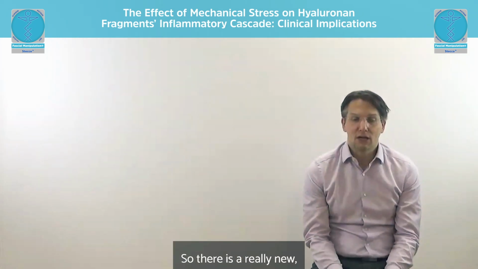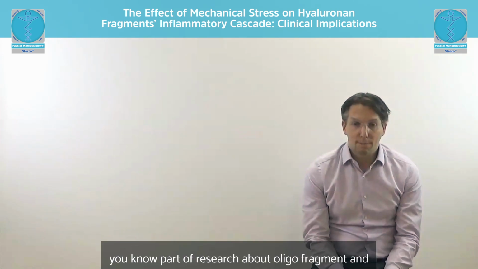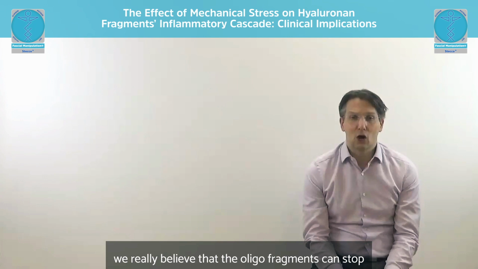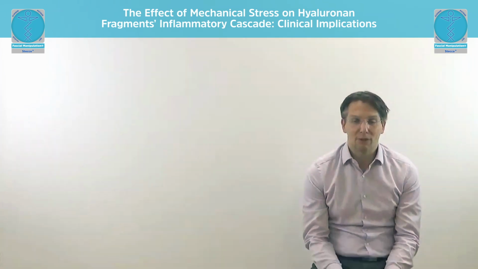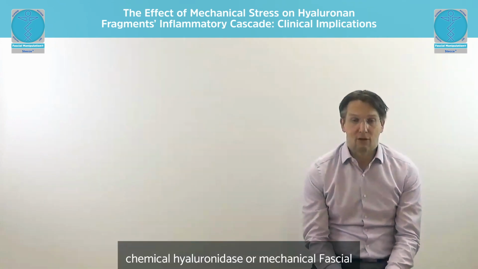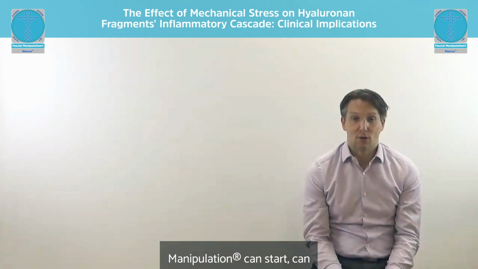So there is a really new path of research about oligofragments, and we really believe that they can stop the inflammatory process that chemical hyaluronidase or mechanical fascia manipulation can start.